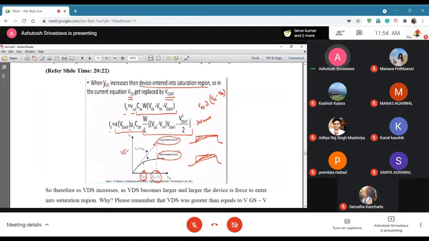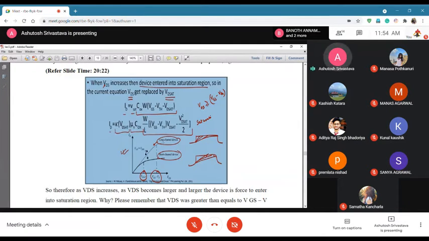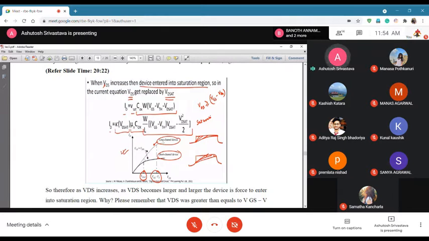So in the long channel device, which you can see here, it is at the overdrive voltage that your transistor gets into the saturation mode from the linear mode, neglecting the channel length modulation.